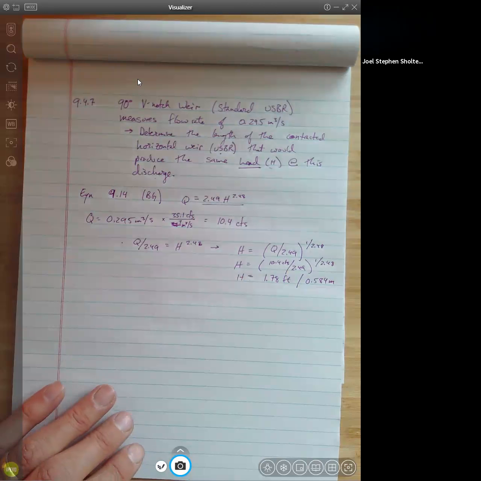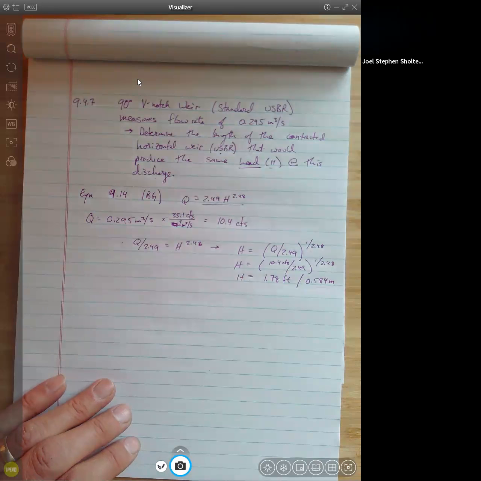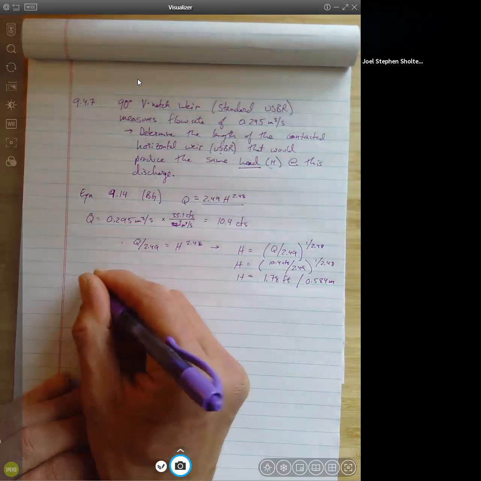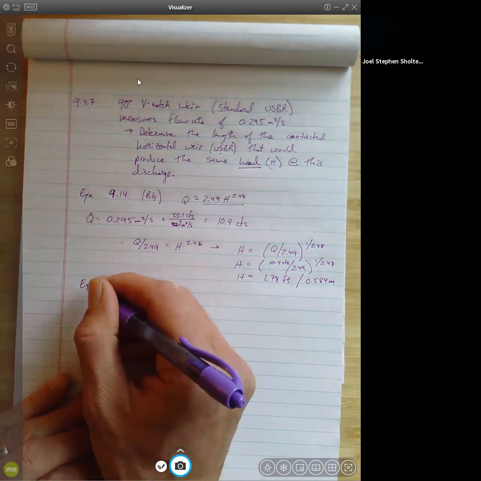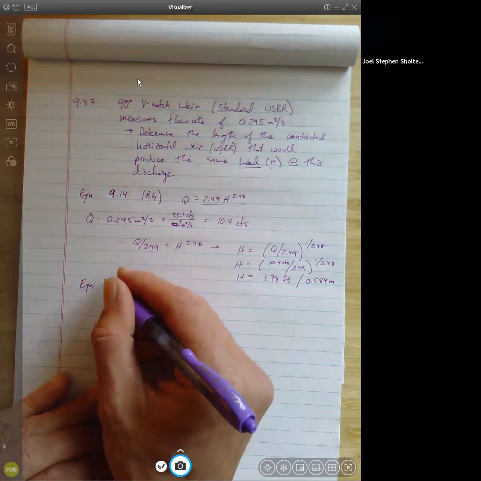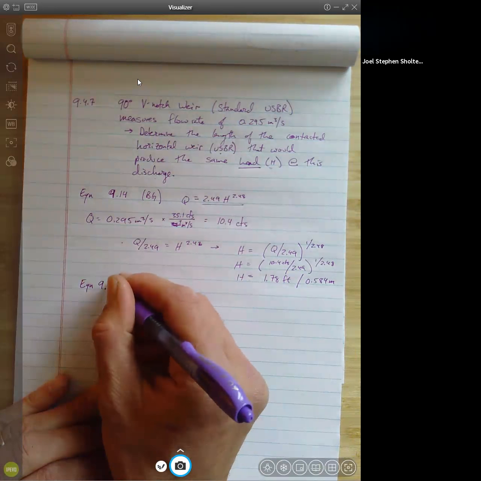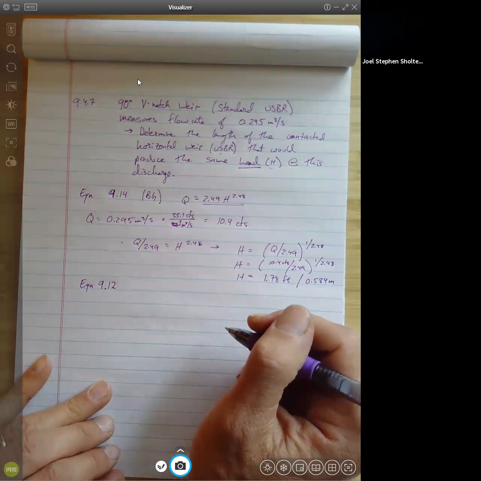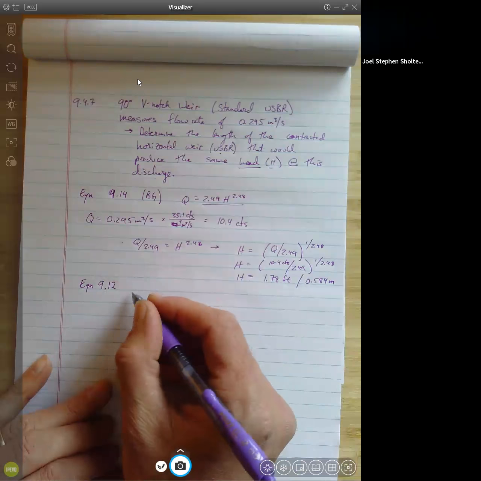Now, the standard USBR equation for the contracted horizontal weir is equation 9.12.